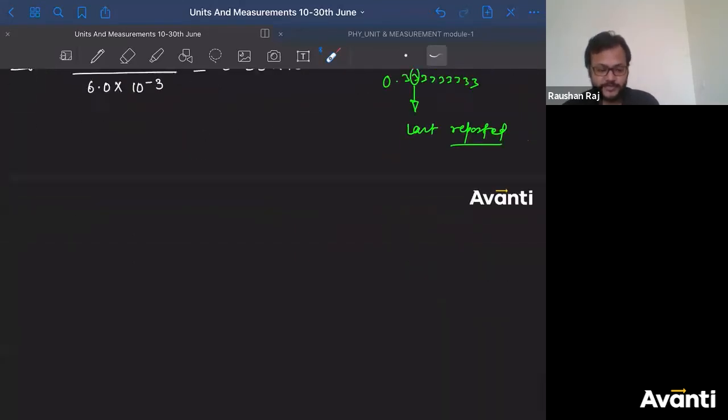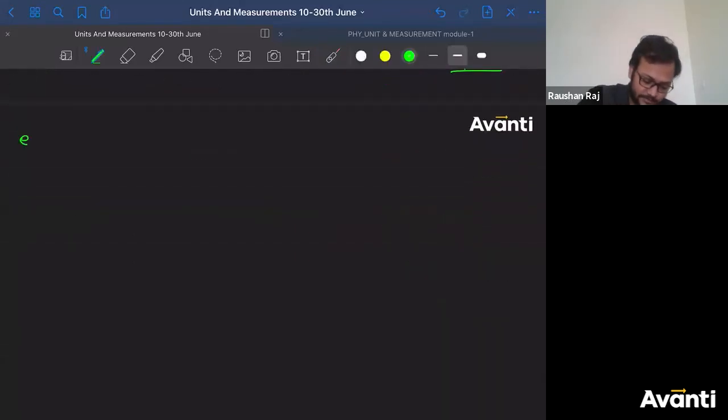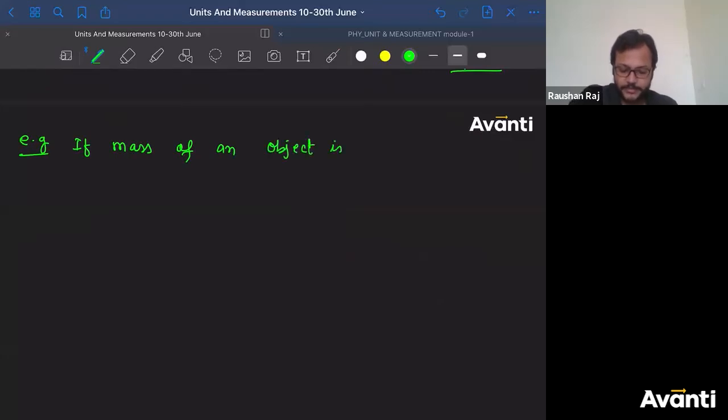चलो, तो let me give you some examples, or let me ask you to solve some examples. If mass of an object is 20.5 kg, ठीक है?